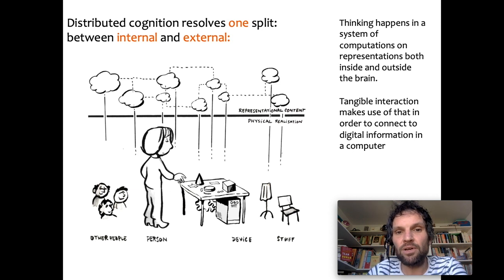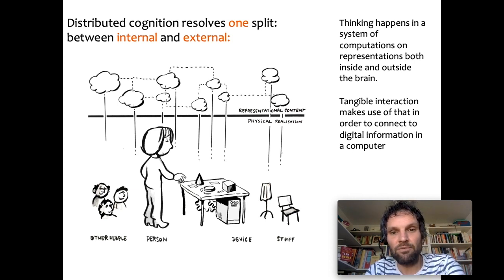So the cognitive content, the information that we are processing, is not purely taking place in our brain. It's taking place in our brain, but also in the physical representations that we manipulate with our hands, in the tools, and in other people's brains. And we form one networked system, if you wish, right?